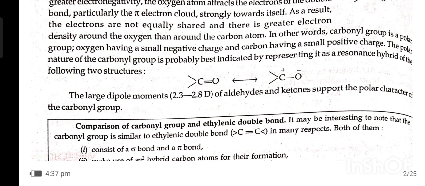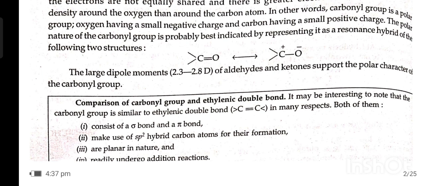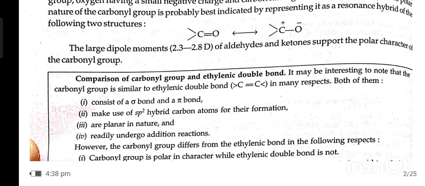In other words, the carbonyl group is a polar group, oxygen having a small negative charge and carbon having a small positive charge. The polar nature of the carbonyl group is probably best indicated by representing it as a resonance hybrid of the following two structures. The large dipole moment, 2.3 to 2.8 debye, of aldehydes and ketones supports the polar character of the carbonyl group.